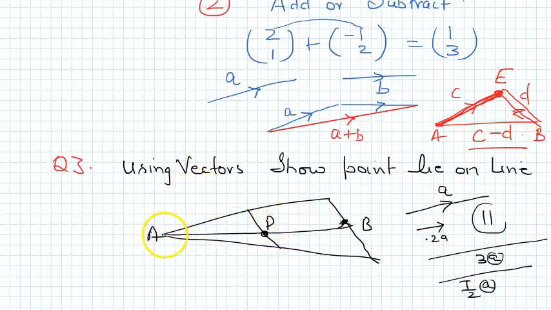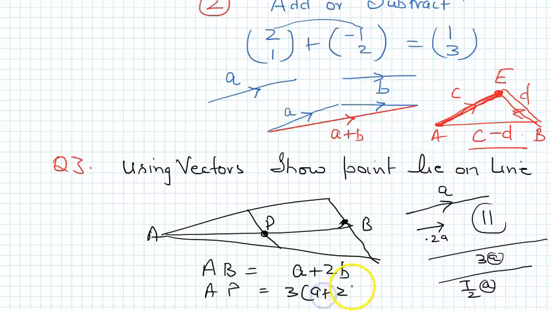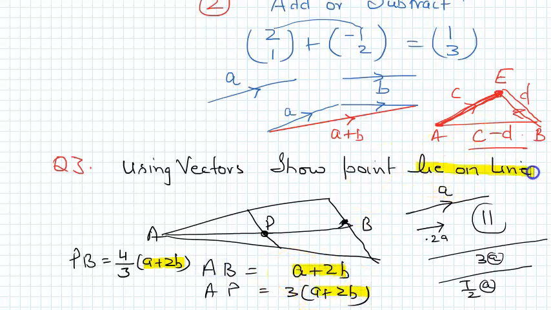For example, in this question, if you show that AB is equal to, suppose, A plus 2B, and you show that AP is equal to, say, 3A plus 2B, and you show that PB is equal to 4 over 3A plus 2B, so here you have seen that this thing is common. That is the way to show that they lie on the line.